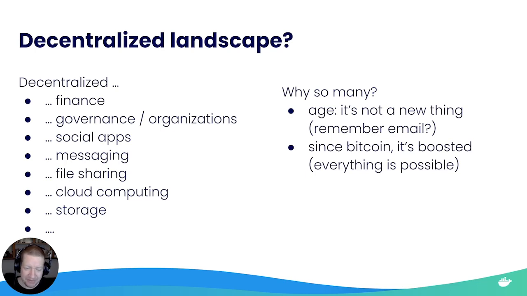The other important thing is that since Bitcoin, the number of decentralized applications, especially finance applications, has boosted. Before Bitcoin, nobody believed that financial projects could be implemented in a really decentralized way. But Bitcoin showed how it is possible, and after that a lot of new projects were created. Just, why not? Let's try it out.